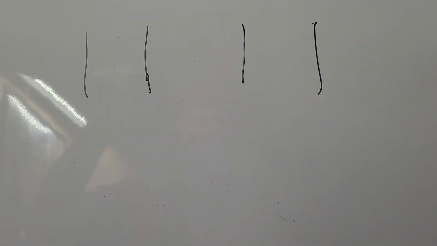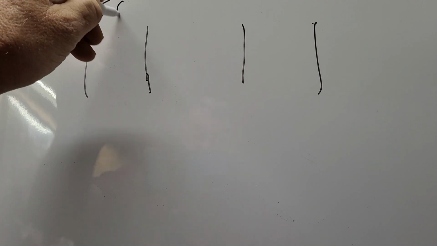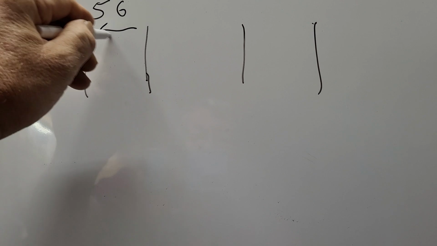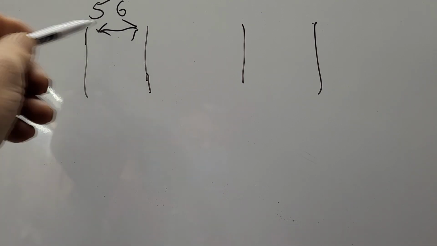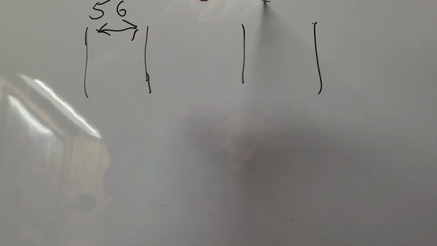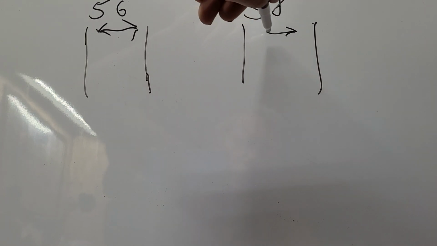This one is going to be 56. That's that cross section right there, side to side. That's 56 millimeters wide. The next one is bigger. It's 58.